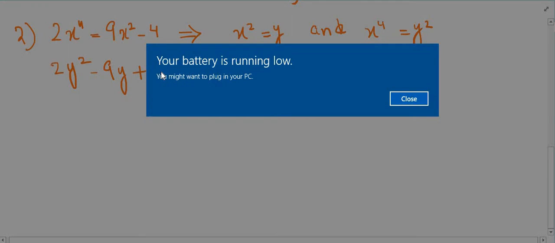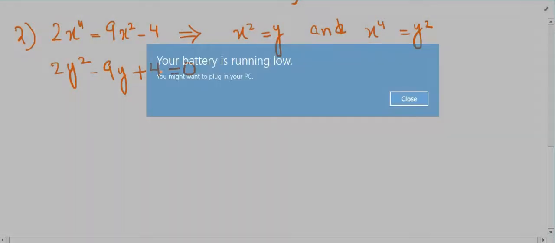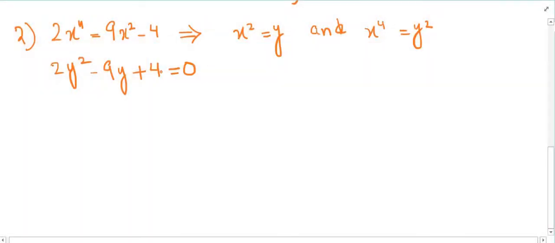Okay. Now again by factorization you can solve this quadratic equation. Because it is a quadratic equation, you can make factors. ac is 8 and the factors are 8 and 1, minus 8 and minus 1. So 2y^2 minus 8y minus y plus 4 equals 0.